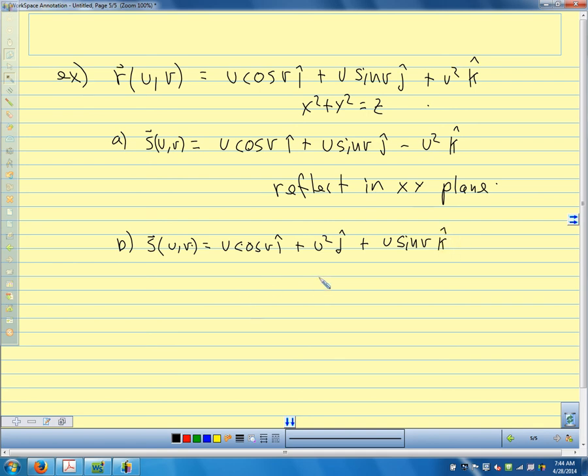So how will this one be different? This would have the y-axis as the axis of our paraboloid, because we'd have x squared plus z squared equals y. So our axis of symmetry would be the y-axis.